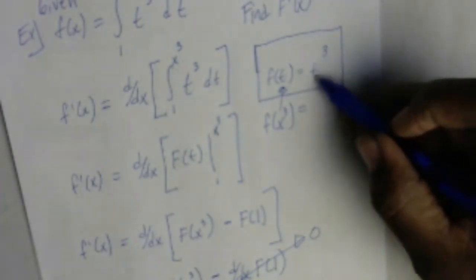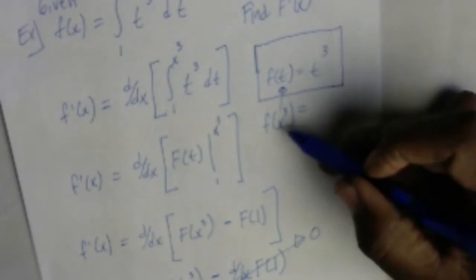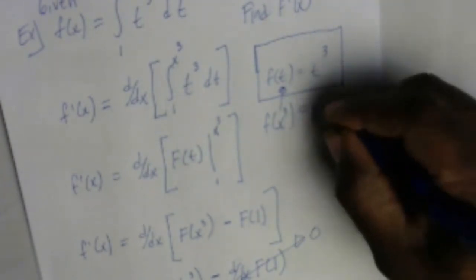So wherever I see a t, I'm going to substitute with x to the third. So I have t, and I'm going to substitute t with x to the third raised to the third power, which gives me x to the 9th.